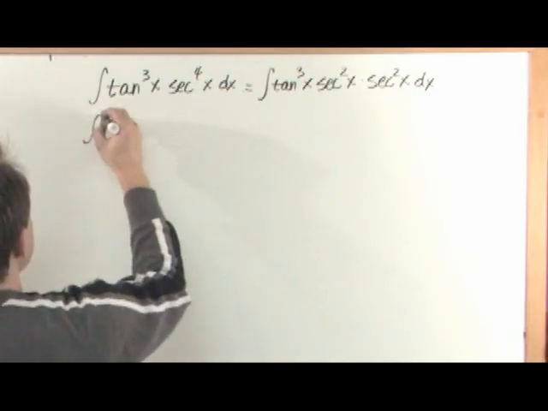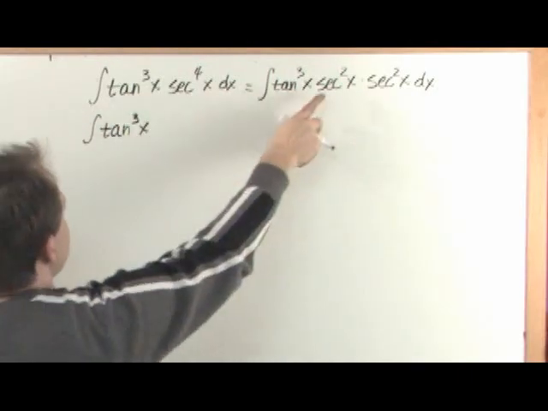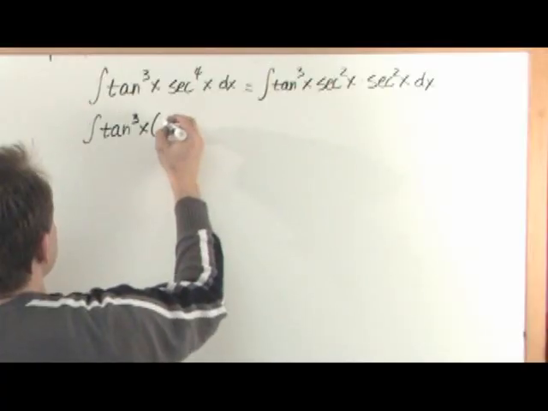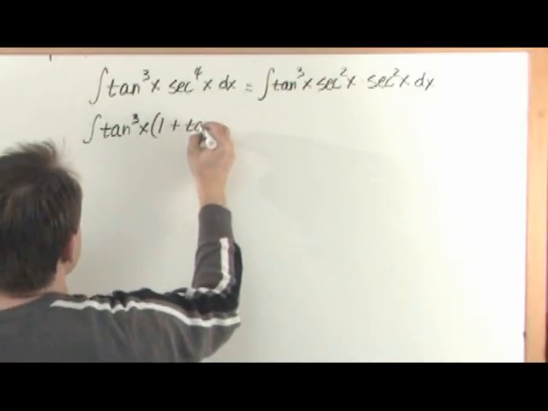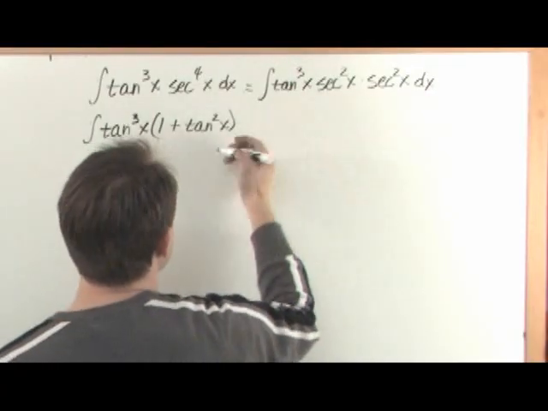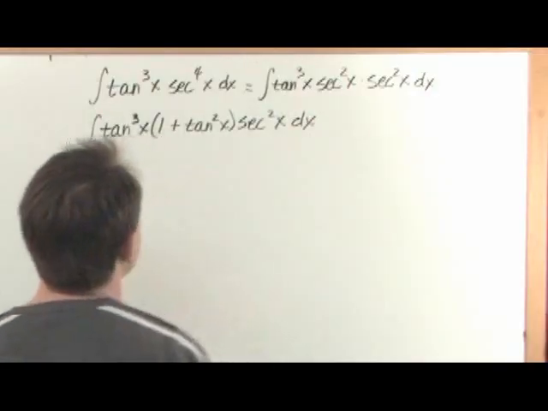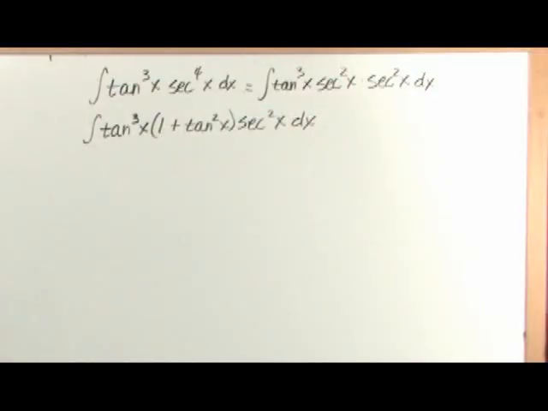So let's do that here. Tangent to the 3rd power of x. Now let's substitute here. Secant squared is 1 plus tangent squared of x. Okay? And then this is just going to be your secant squared of x dx. So all we've done is a trig identity substitution there.